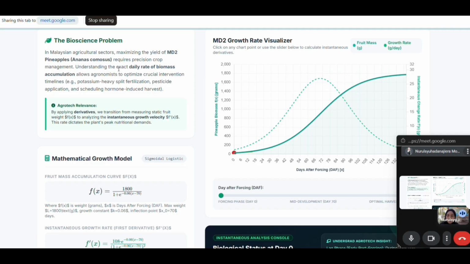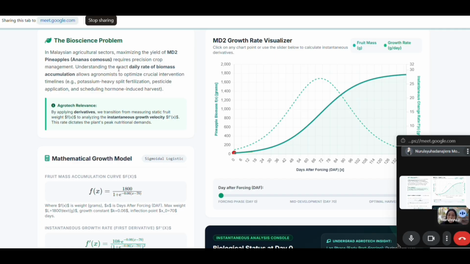Traditional farmers just guess or estimate based on experience, but this is not accurate. The real biological problem here is understanding the dynamic growth rate of the fruit biomass. Growth is not a straight line, it changes every single day.